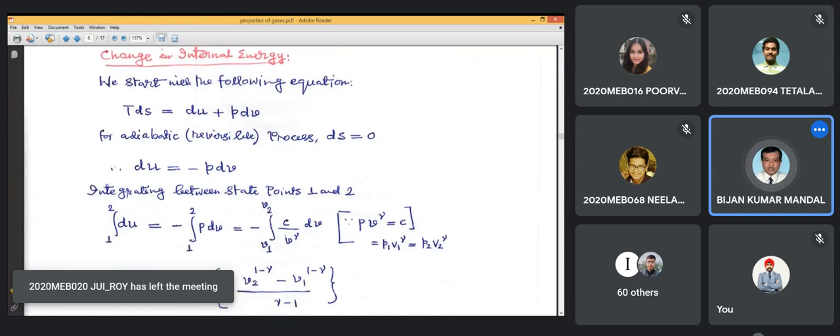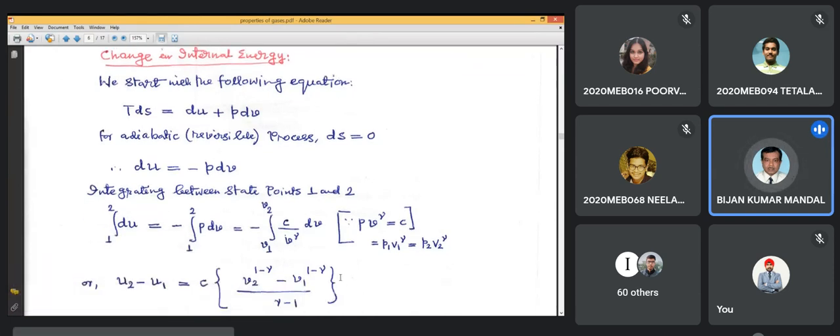So that we have done. On the left hand side it is straightforward, U2 minus U1. On the right hand side, the integration of PdV. So you have to replace P by V, and that we have written here, C by V to the power gamma, that is the value of P, because P V to the power gamma is equal to constant, and that is also equal to P1 V1 to the power gamma is equal to P2 V2 to the power gamma.